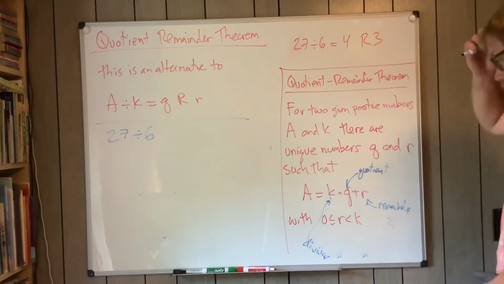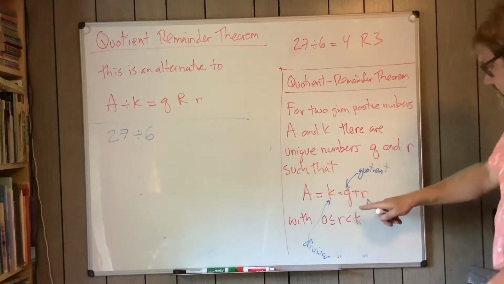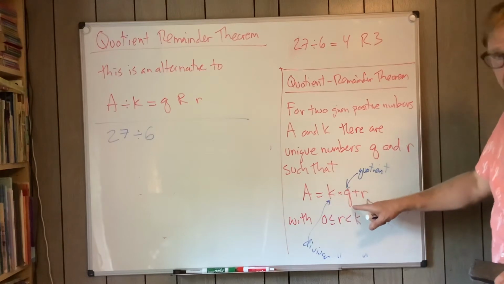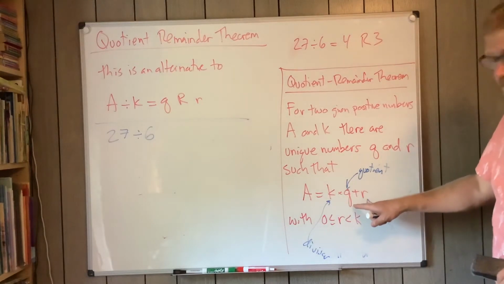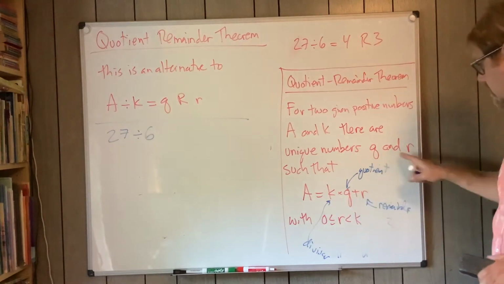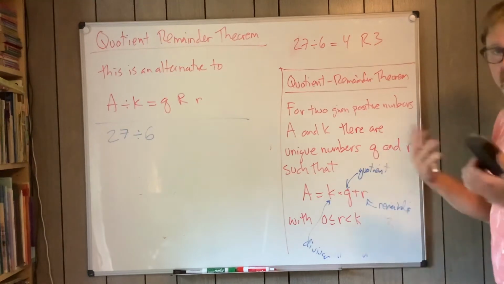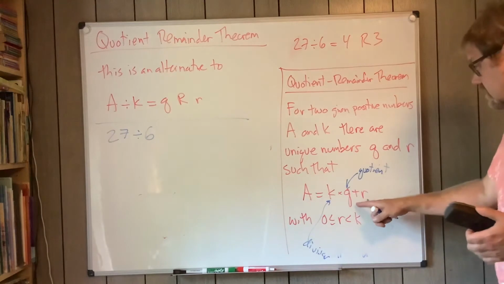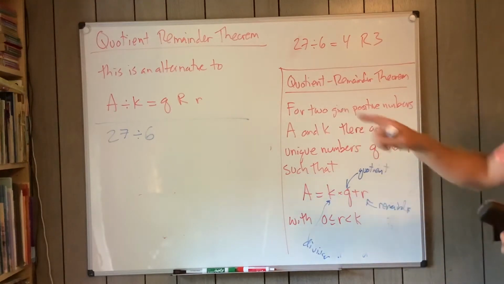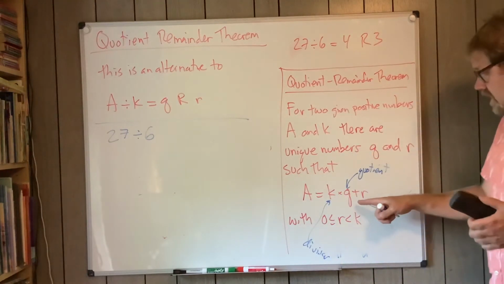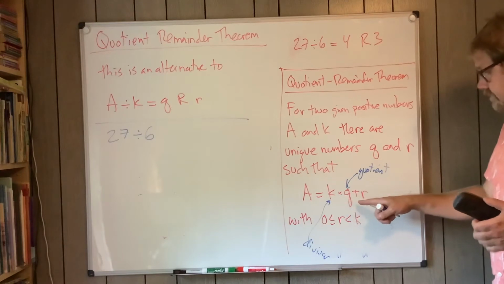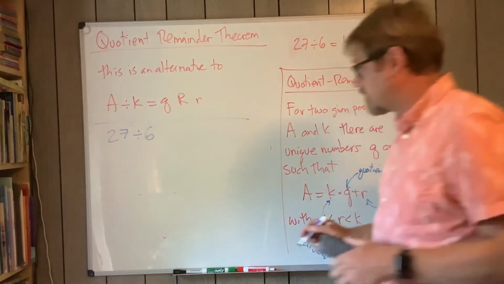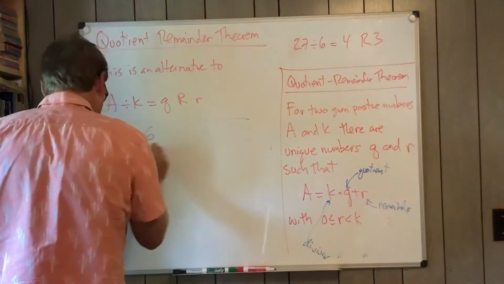Now, one way to look at this is I've got this multiplication of K times Q. We're trying to figure out what Q is and R is. This really comes out of division, but I'm going to explain it with just a model with this particular value about how this is all related. So I'm going to take an array model.